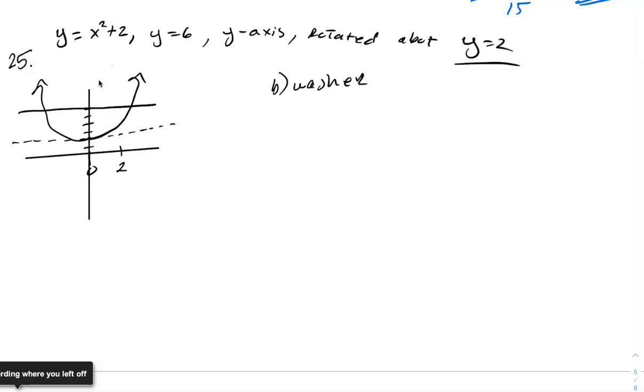And then let's find ours. So again, our form would be this. Our big R is going to be the first way, which is still this guy, which would be 6 and 2. So our big R is going to be 6 minus 2, which is just 4. Our little r is going to be this guy.